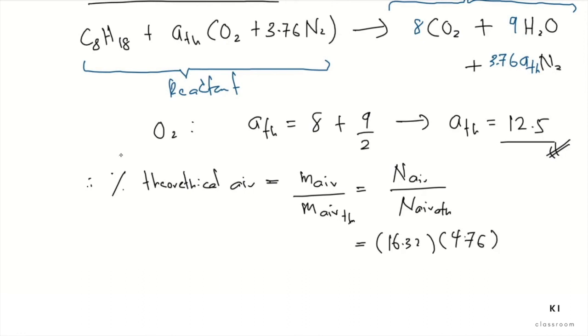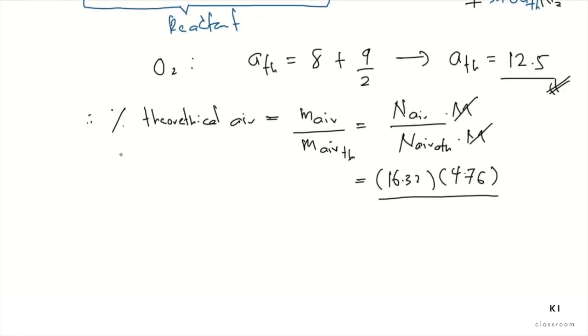We can also multiply with M, but both are the same, so no need for that. Divide by 12.5, this time it's ATH, multiplied with 4.76. So from there, it's actually 121%.